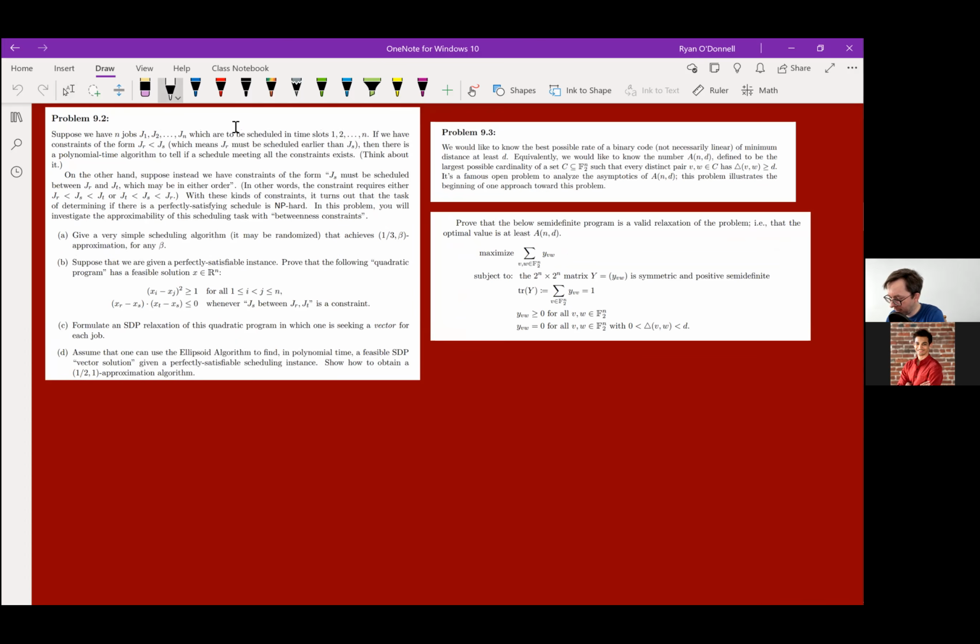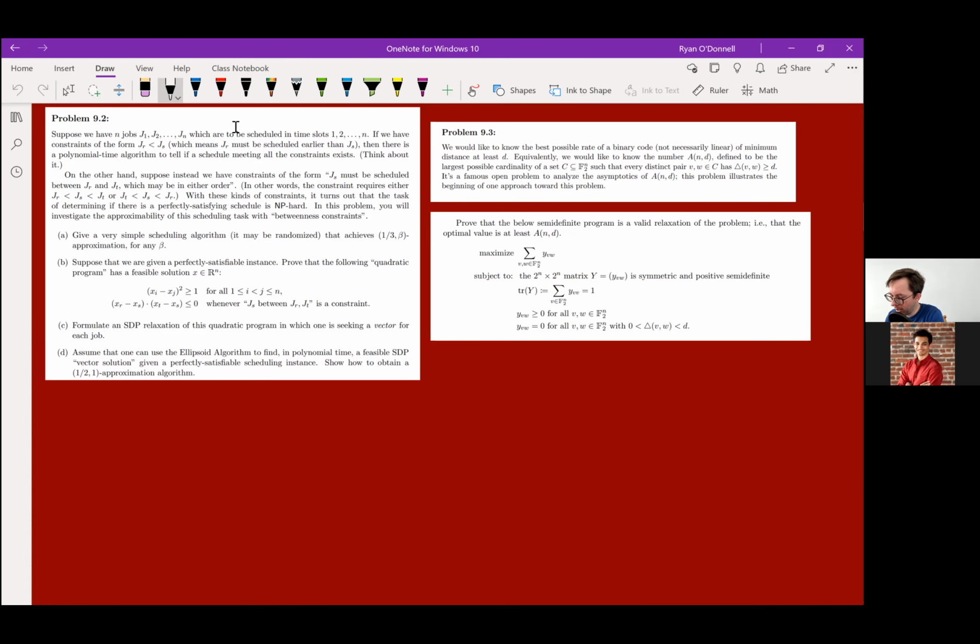From what I understood, that was just arithmetizing this kind of problem. x becomes a vector that holds j1 through jn, and if you write out the constraints, it's pretty much an arithmetization of the problem.